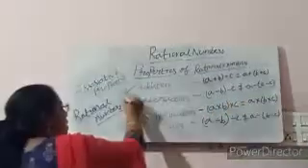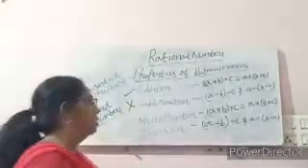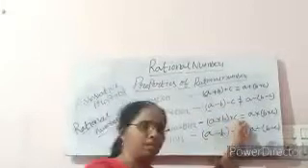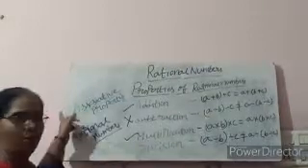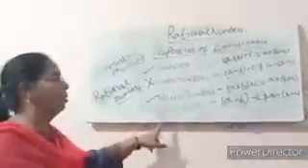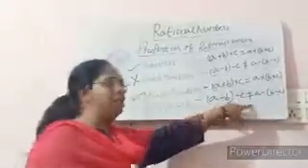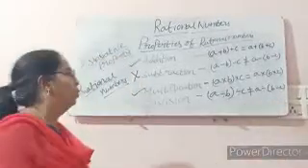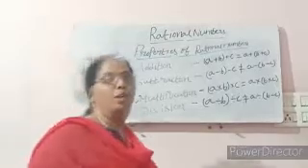So subtraction won't satisfy the associative property of rational numbers. Coming to multiplication, (A into B) into C is equal to A into (B into C). So here also multiplication satisfies the associative property of rational numbers. Now coming to division, (A divided by B) divided by C is not equal to A divided by (B divided by C). So division won't satisfy the associative property of rational numbers.